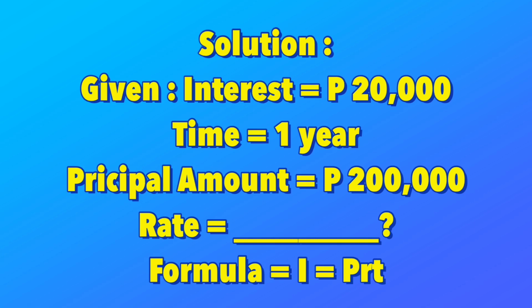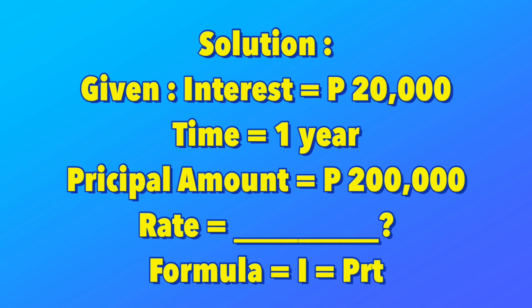So in this situation, we can use the very common formula, I equals PRT. I stands for the interest, P stands for the principal, which is the amount, R is for the rate, and T for the time. And time is expressed in 1 year.